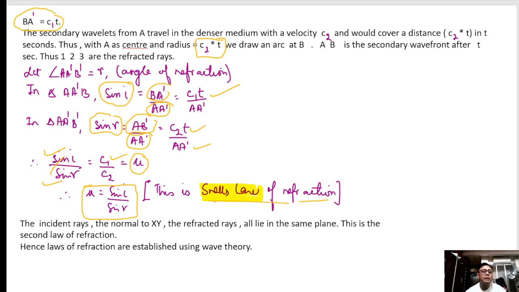And moreover, we can also see here that the incident ray, the normal, and the refracted ray all lie in the same plane. So this was the second law of refraction. That means laws of refraction were also established by the wave theory. Clear? So let us see next what is there.